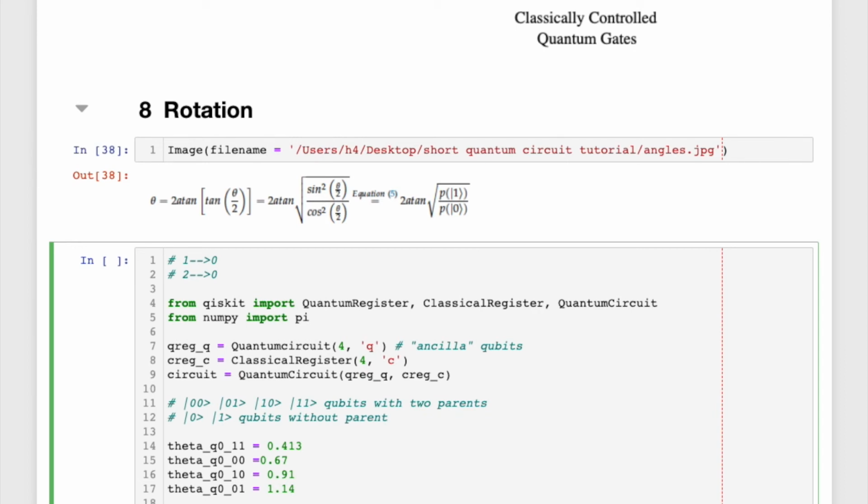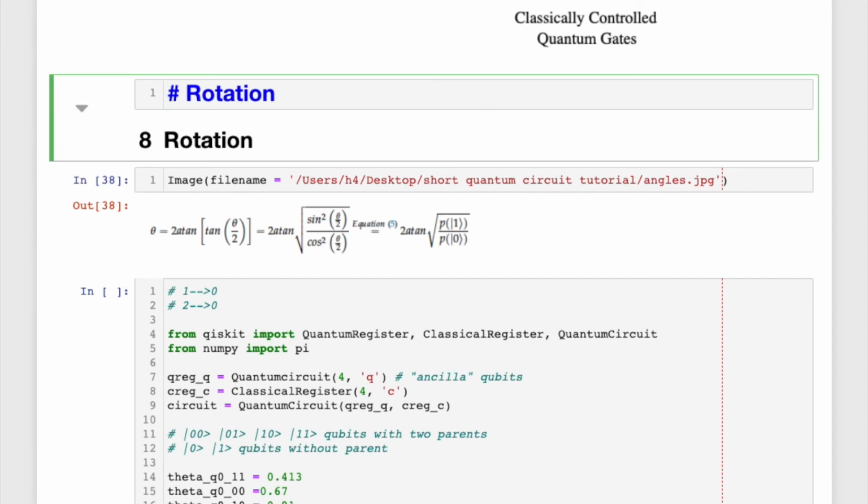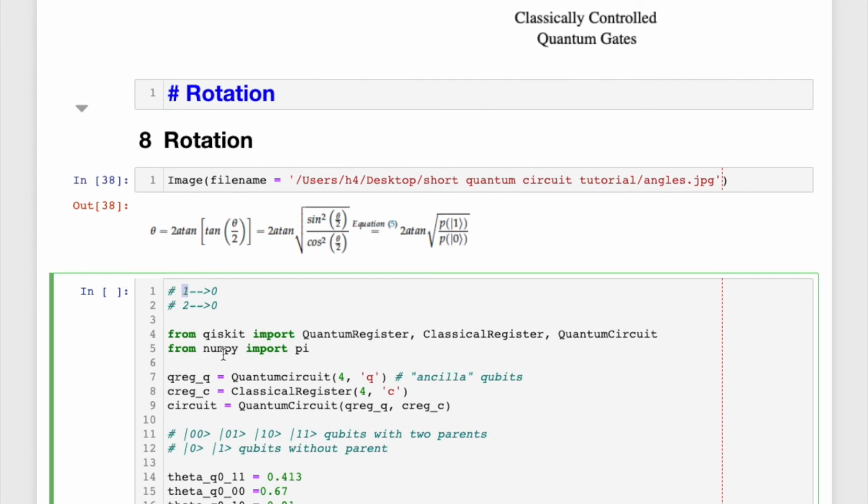Then for qubit 2, 0.85, I don't know, and for qubit 3, which will be the ancilla node, qubit 3 equals 1.09.